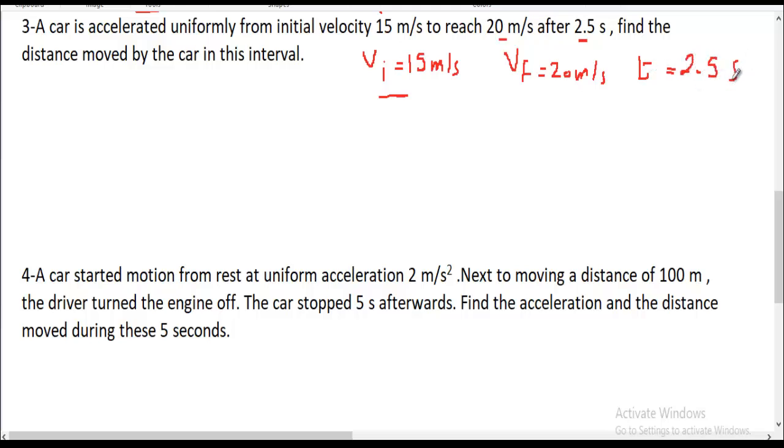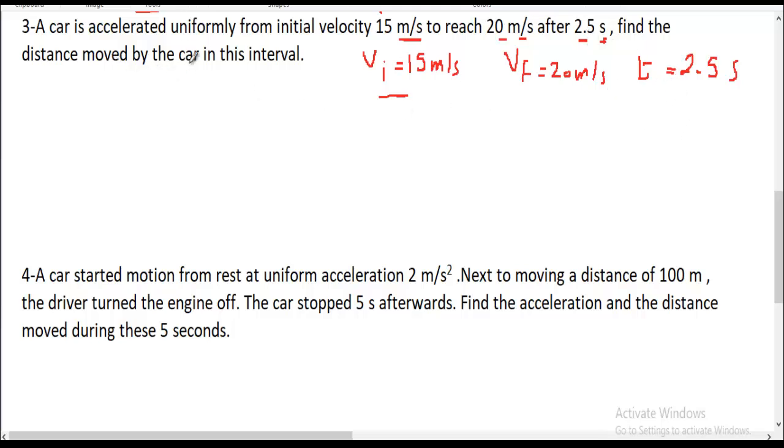You can know the unknown quantities from their units. If you have meters per second, you are talking about velocity. If you have seconds or hours or minutes, you are talking about time.